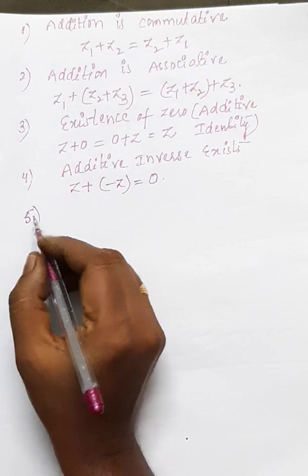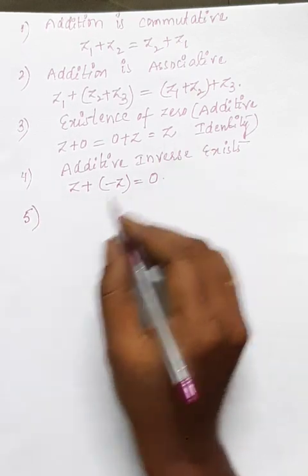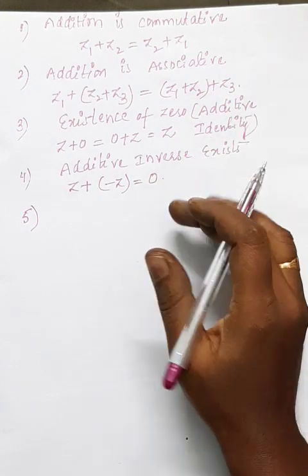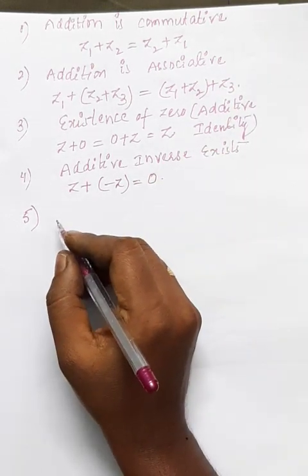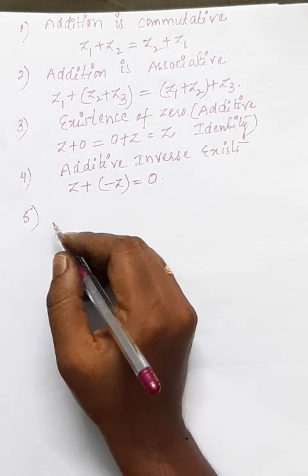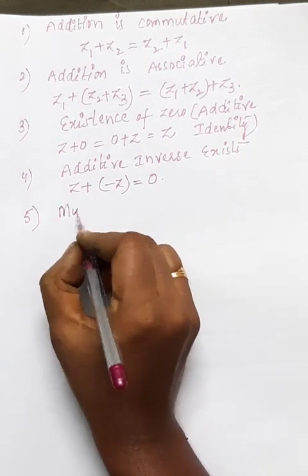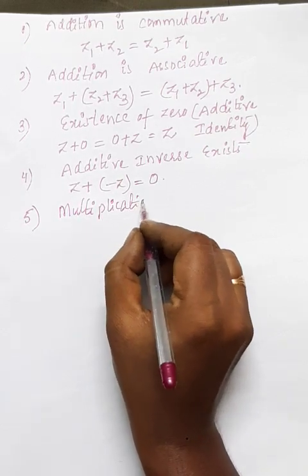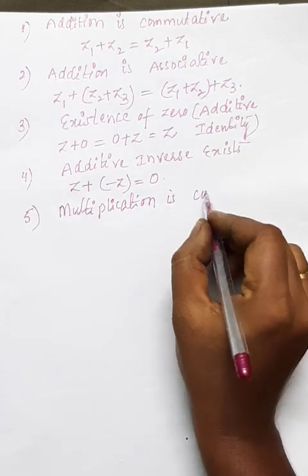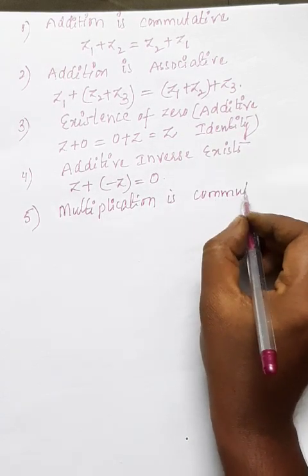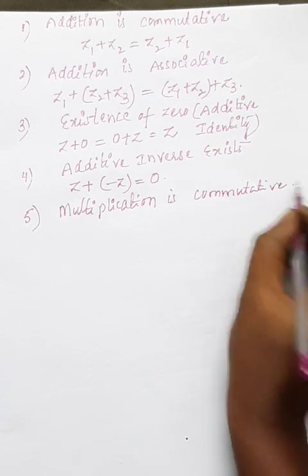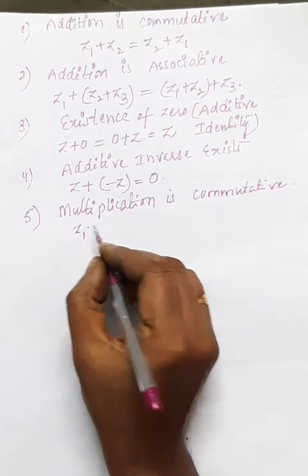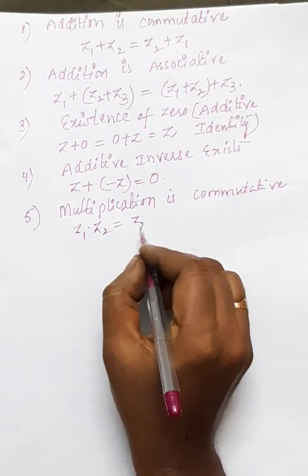Fifth property is that multiplication is also commutative. These four properties are for addition. Now let us see for multiplication. Multiplication of two complex numbers is also commutative. That is, z1 into z2 is equal to z2 into z1.